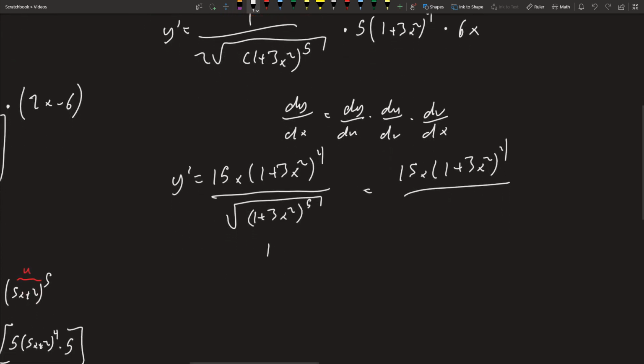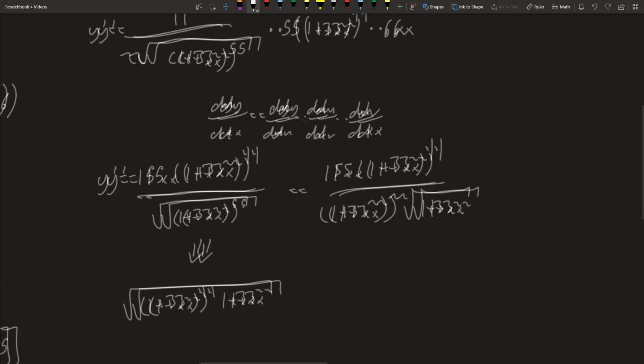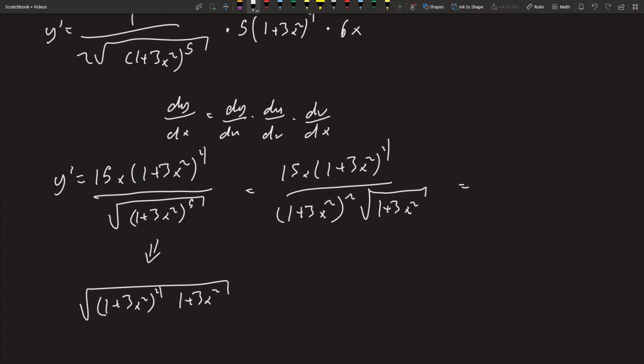Instead of writing this, I'll write (1 plus 3x squared) to the 4 times (1 plus 3x squared), right? Splitting the radical, this gives (1 plus 3x squared) times radical (1 plus 3x squared). Lots of stuff will cancel out. This will give 15x (1 plus 3x squared) over square root of (1 plus 3x squared).